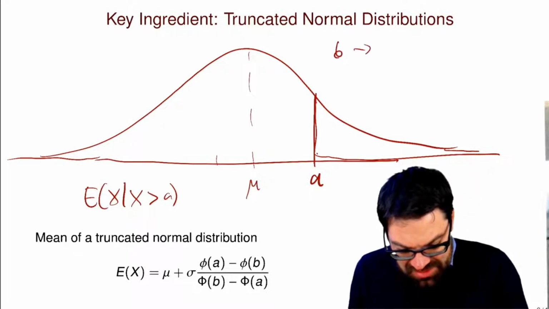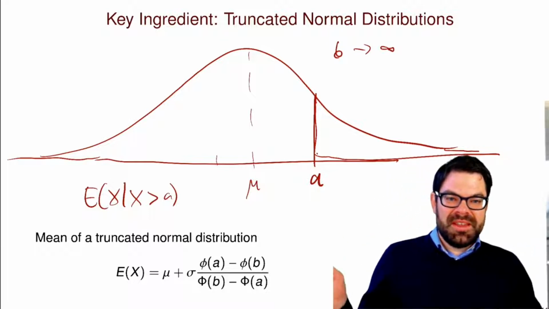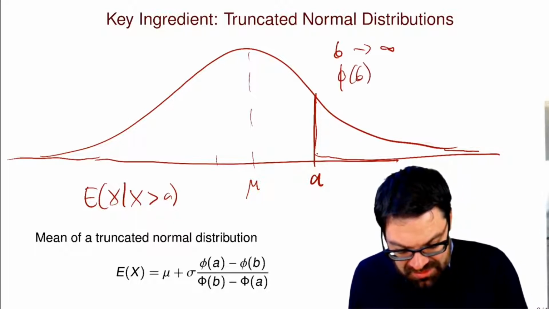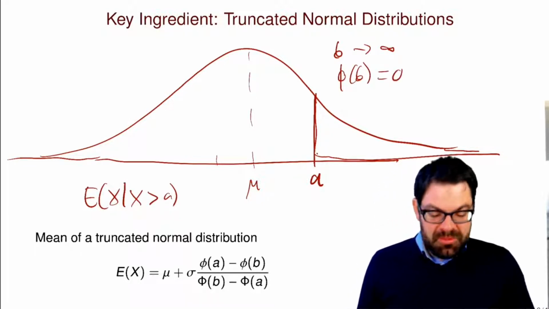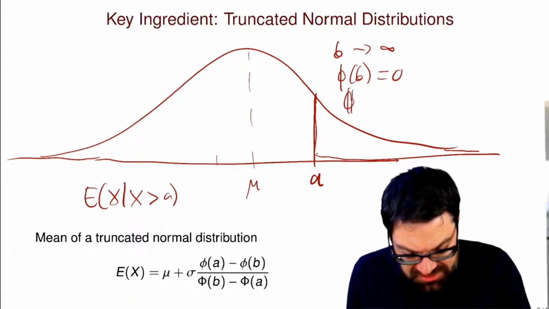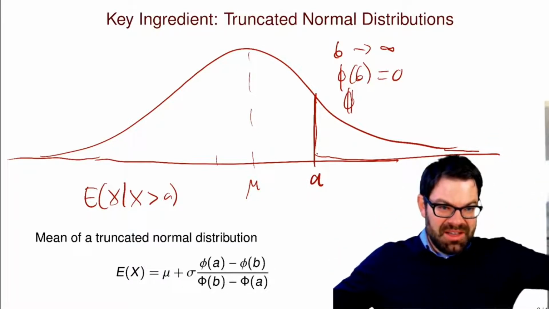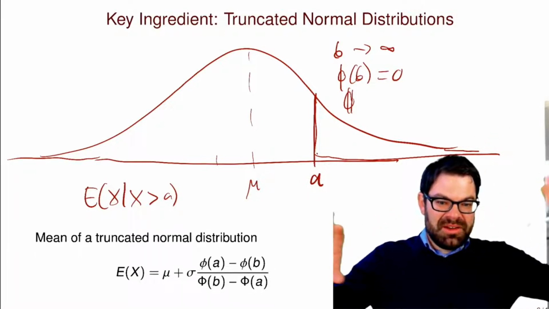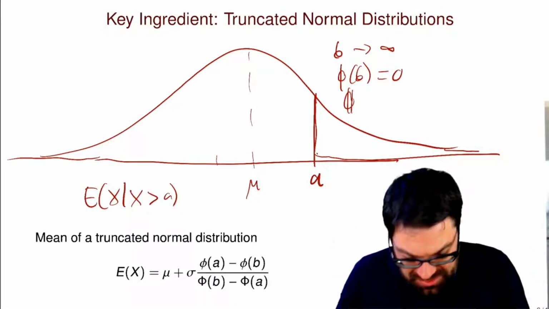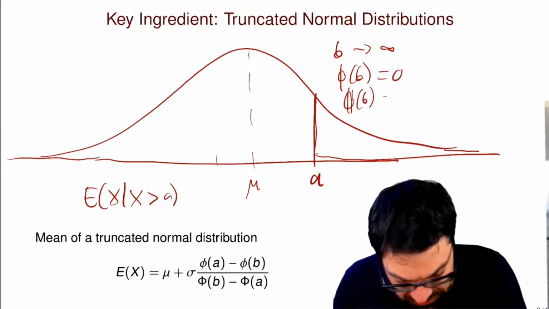So B is just at infinity. And if the point is at infinity, then we know that the density is 0. And we also know, if it's at plus infinity, that the cumulative density, as in the surface under the entire distribution, is 1 if we have a standardized distribution. Apologies, in general it's 1.